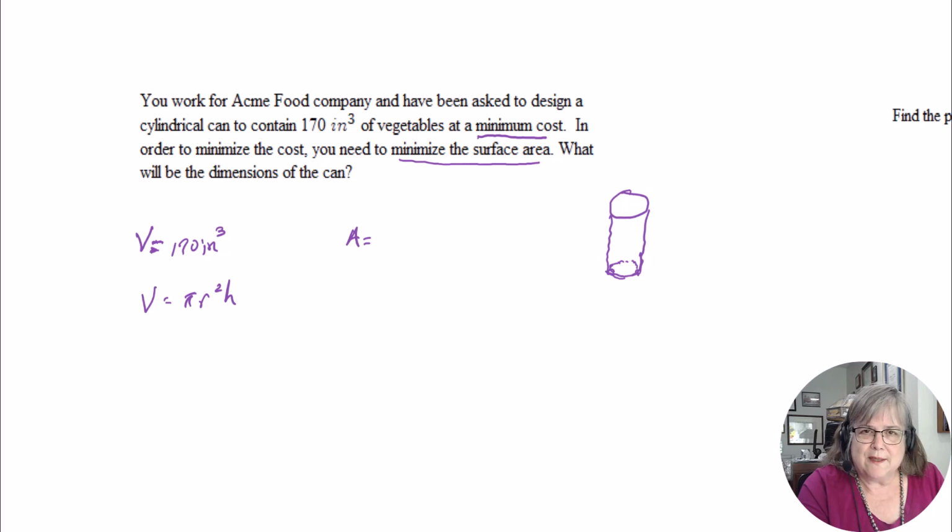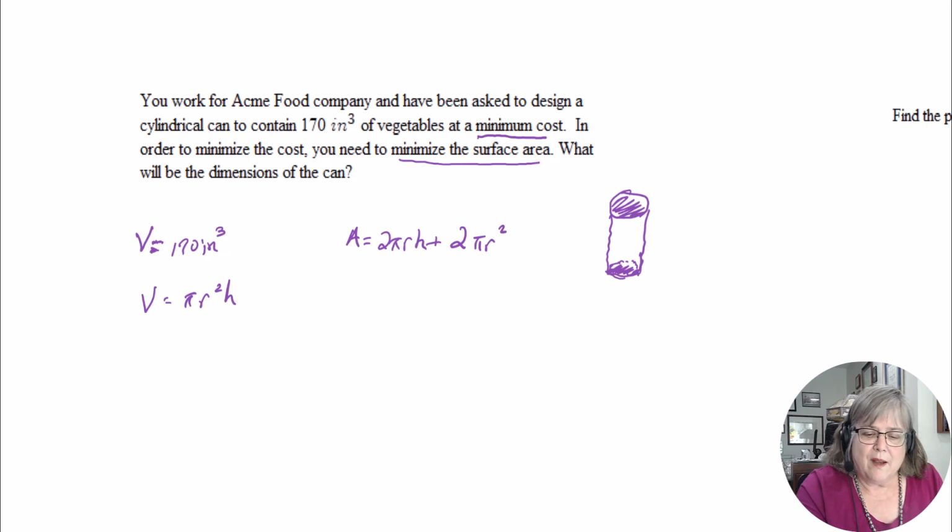is due to the sides, which is 2 pi r, which is the circumference, stacked h tall. And then you have a solid disk on the bottom and a solid disk on the top, because you'd have a top and you'd have a bottom. So this is 2 of the pi r squared.